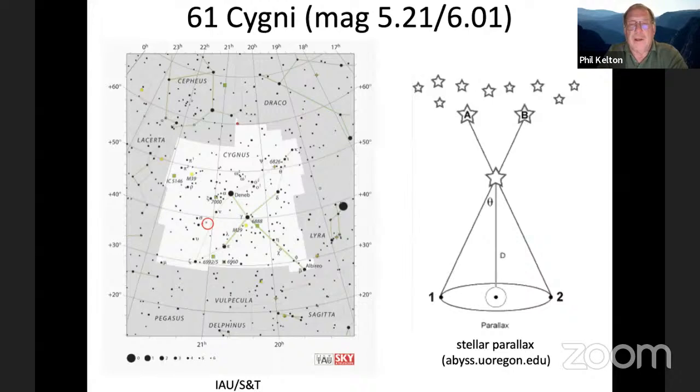You can also understand parallax by extending your arm, closing one eye and then the other, and looking at a close object like a tree in your yard, and you'll see that object appear to be in a slightly different place. Well, that's the same principle that was used to measure the distance of 61 Cygni.